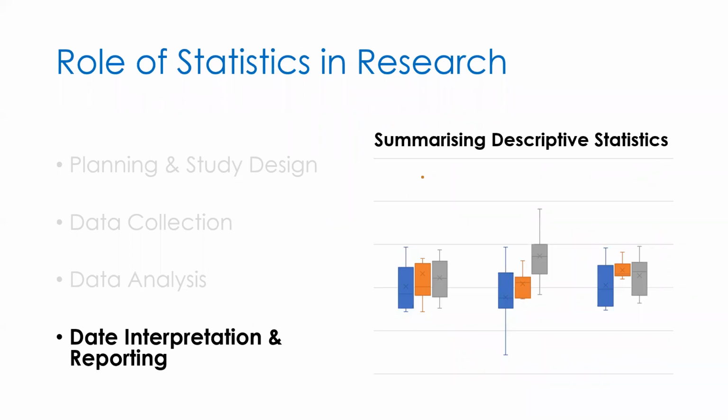You may decide to use a box plot. The thing with a box plot is that the upper limit of the box is 75% of the population. The lower limit is 25%. So that's your interquartile range. And then the line you see in the middle there is the median.